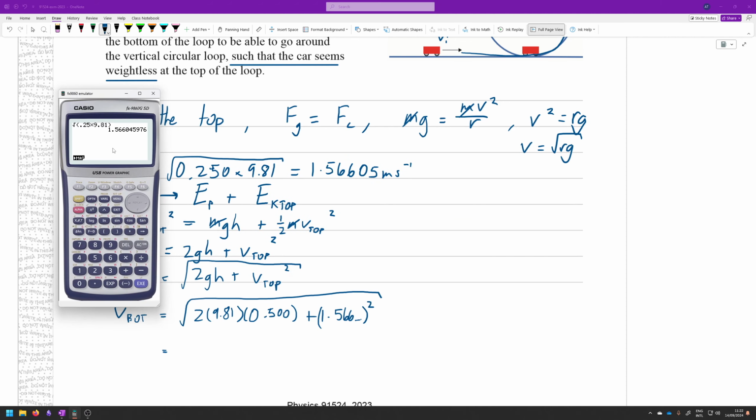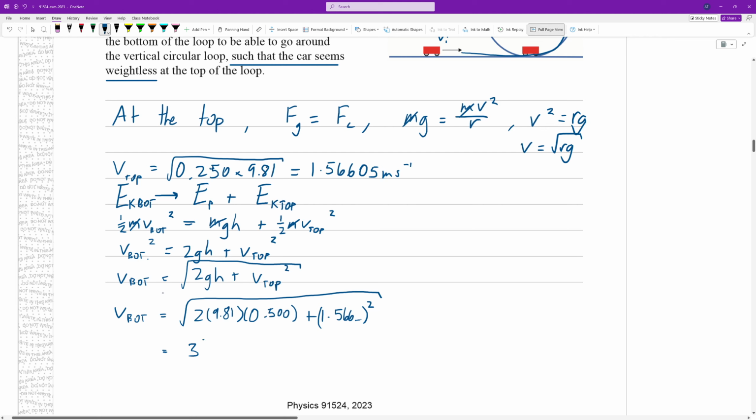So I have my previous answer, so let me just square that. So that's the v top squared, and I will add 2 times gravity times height, and then I will square root the answer to give 3.50 meters per second.